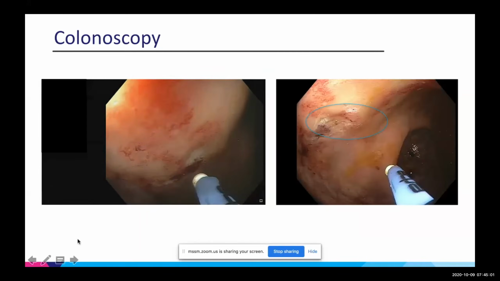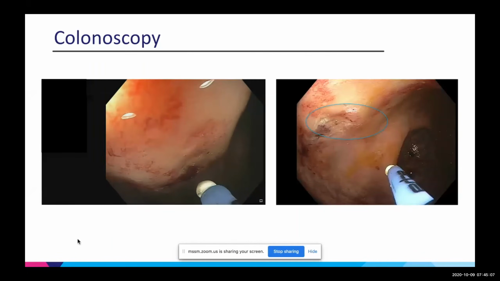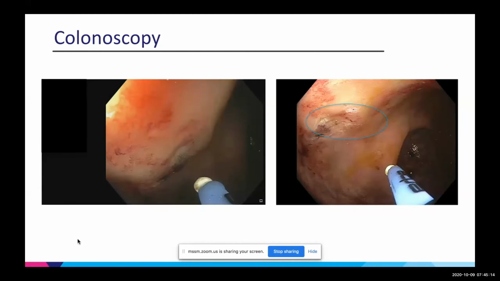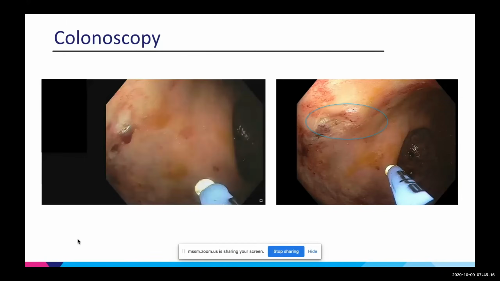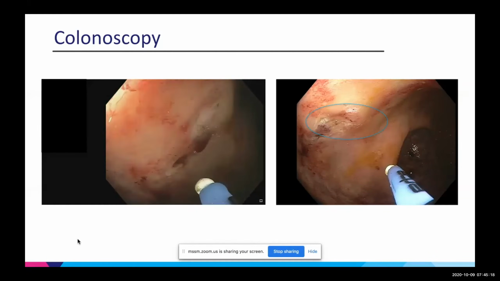Based off of these findings and the lack of alternative causes to explain his hematochezia on completion of the full colonoscopy, his rectal bleeding was felt to be secondary to radiation proctopathy, which we subsequently treated with the application of argon plasma coagulation.